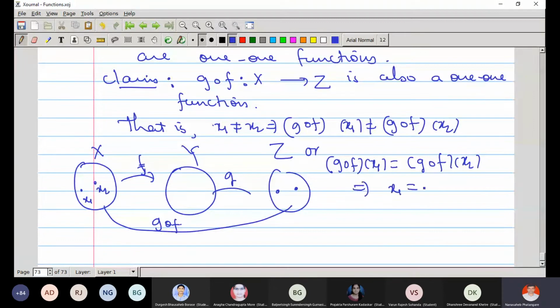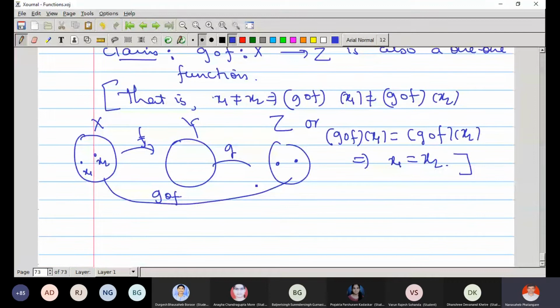Okay, so how to start the proof? Let x1, x2 belong to domain X. Suppose images are same.